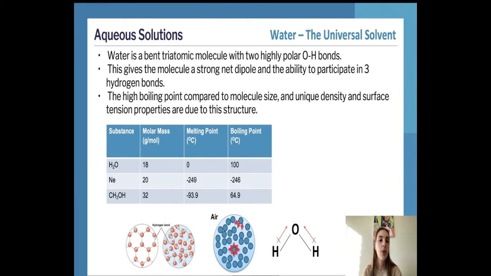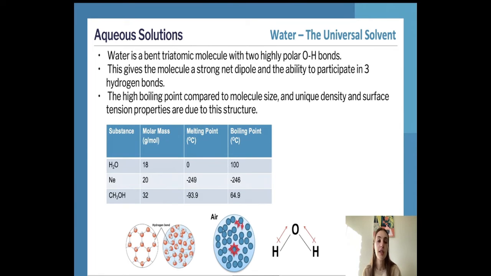So for example, H2O has its molar mass of 18, and its melting point is 0 and boiling point is 100 degrees. But if we consider something like our next molecule down, we've got a molar mass of 20. With a molar mass of 20, we would assume it's a bigger molecule, so it's going to have stronger intermolecular forces.